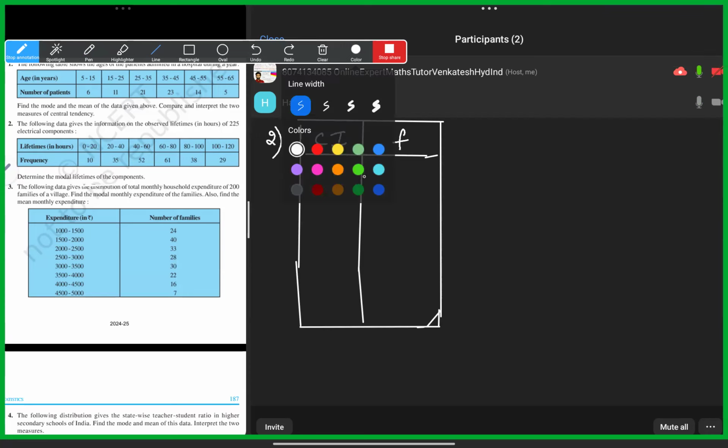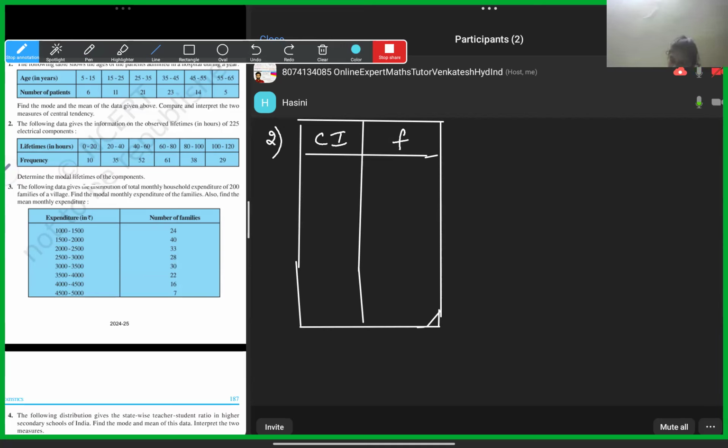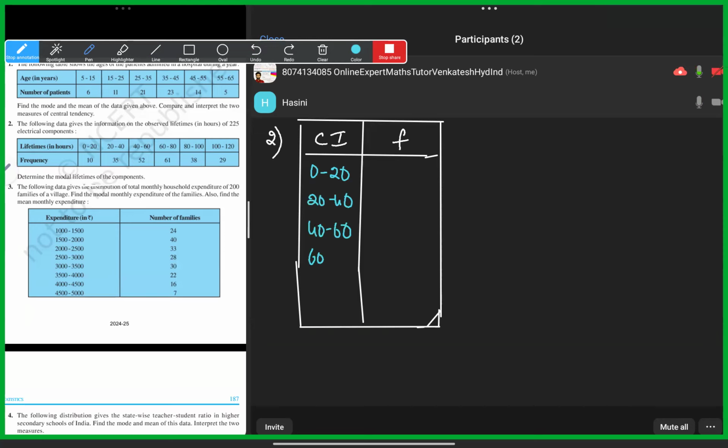So Hasni, first class interval is how much, Hasni? 0 to 20, sir. Next is 20 to 40, 40 to 60, 60 to 80, 80 to 100, 100 to 120.